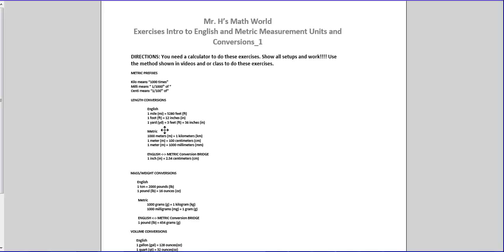The metric conversions were 1,000 meters is 1 kilometer, 1 meter is 100 centimeters, and 1 meter is also 1,000 millimeters. And then the English metric conversion, what I call the bridge conversion, is 1 inch is 2.54 centimeters. That's the bridge conversion for length.